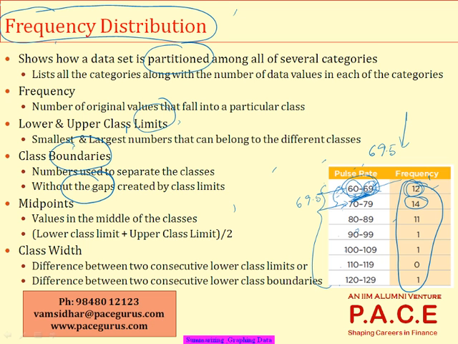Then for every class we also have a midpoint, which is nothing but just take the average of the limits, not the boundaries. Just take the average of the limits. So 60 plus 69 by 2 makes the midpoint of this class as 64.5. The next one 74.5 and so on.